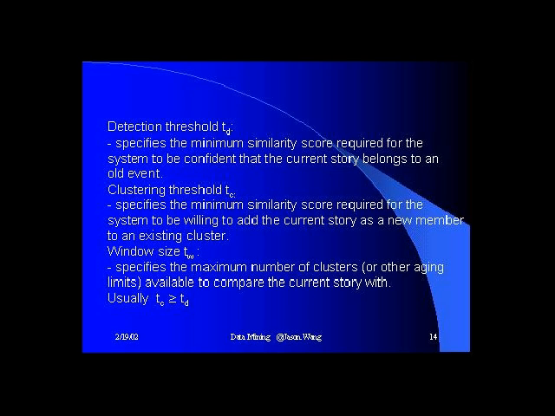Now, what is the clustering threshold? That specifies the minimum similarity score required for the system to be willing to add the current story at hand as a new member to an existing cluster. So if the similarity between this new story and this existing cluster is large enough, meaning that they are close to each other enough, and their similarity is greater than or equal to this threshold TC, then you assign this new story to that existing cluster.